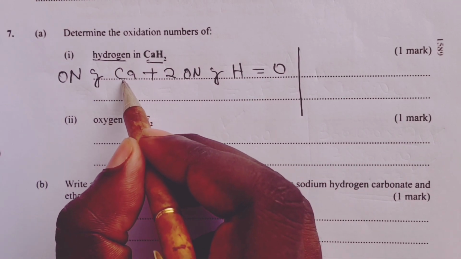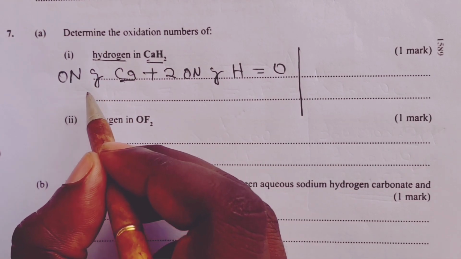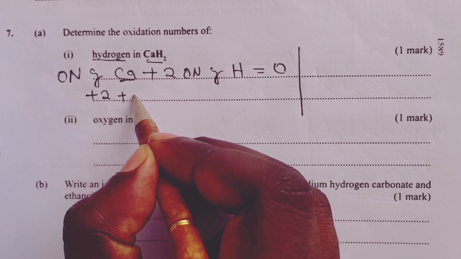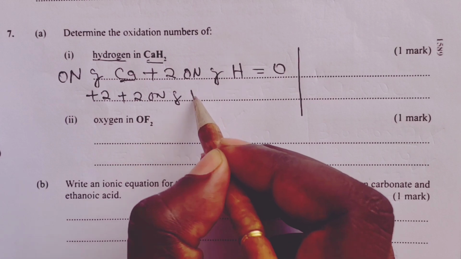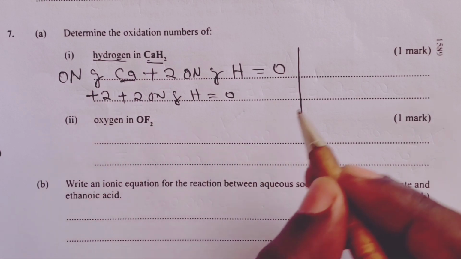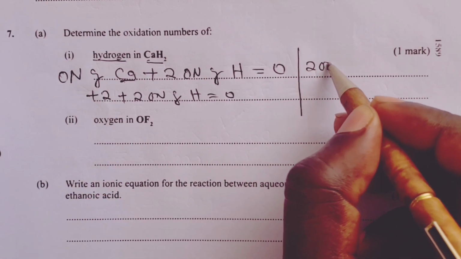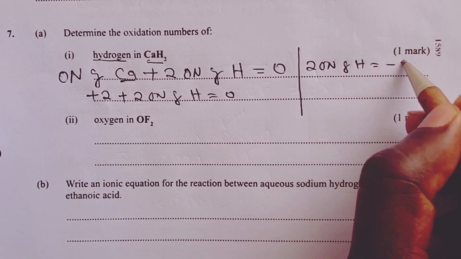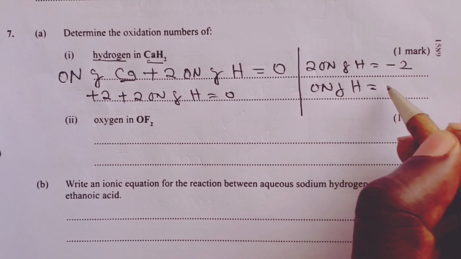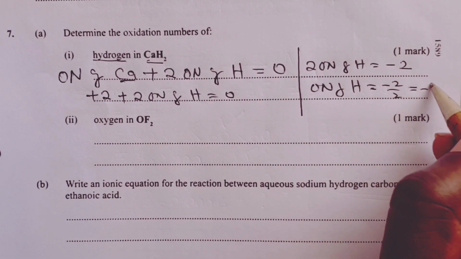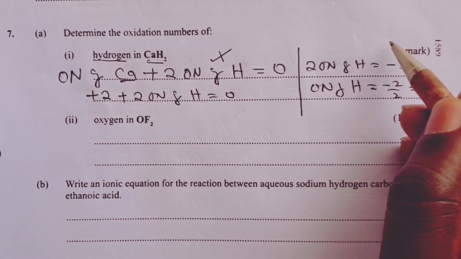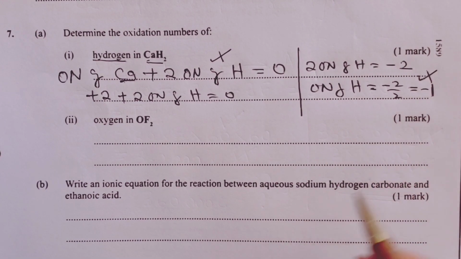We know the oxidation number of calcium is +2, so we replace it in our formula: 2 added to twice the oxidation number of hydrogen should give 0. Subtracting 2 both sides, twice the oxidation number of hydrogen gives -2, and the oxidation number of hydrogen alone is -2 divided by 2, which gives -1. 1 mark: half for the relation that gives 0, and half for the answer.